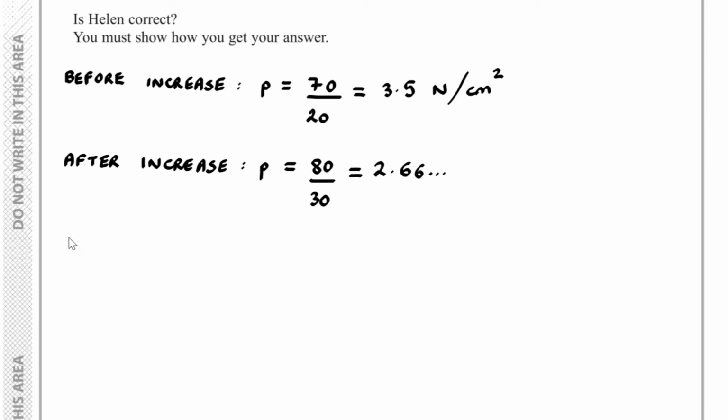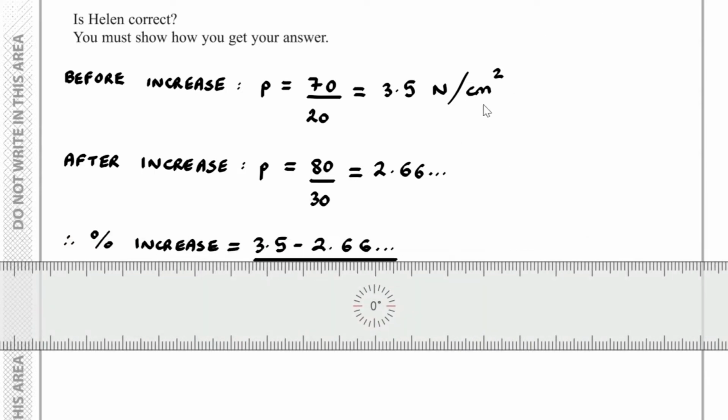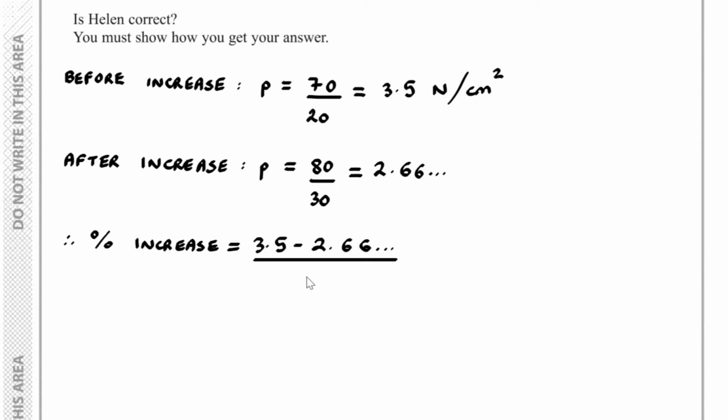And so therefore, for the percentage decrease, we have the difference in the pressures, 3.5 subtract 2.66, etc., divided by the original pressure, 3.5, and then we multiply by 100.